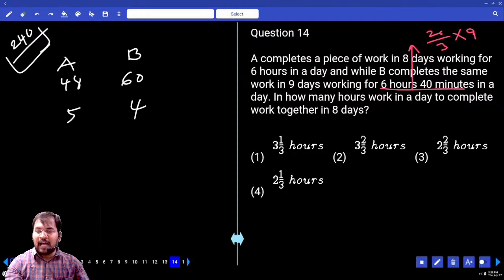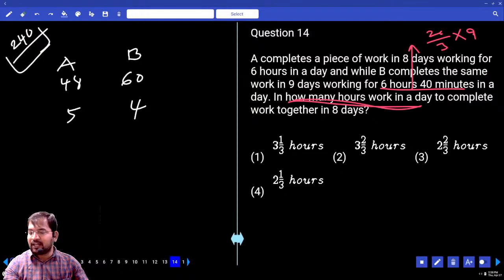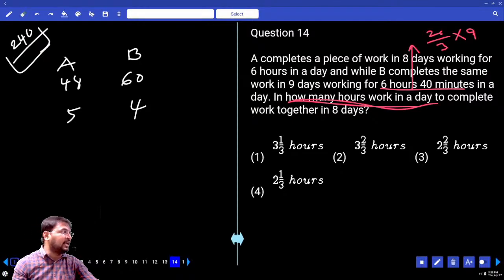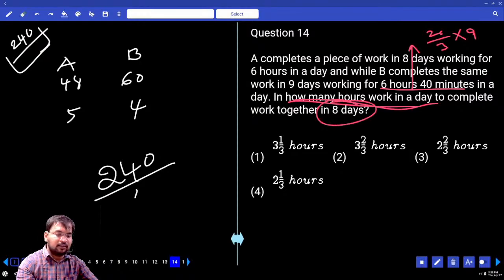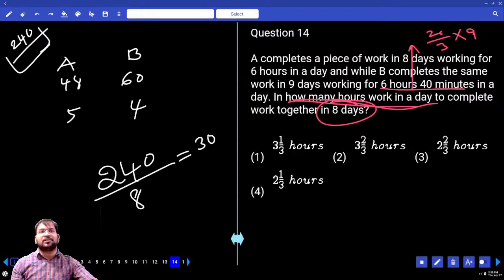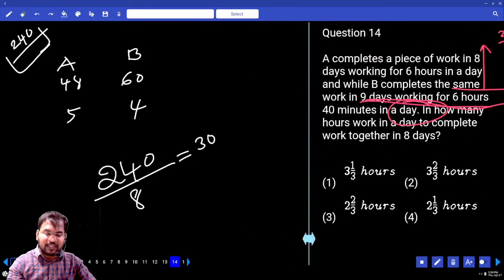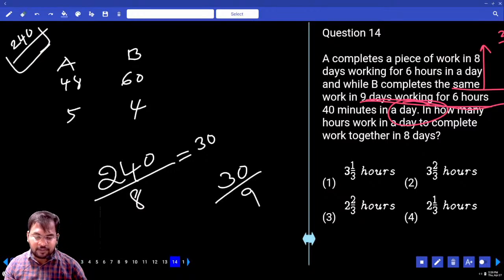Now, in how many hours of work in a day do they complete the work together in 8 days? See here, total work is 240. They are working 8 days, and per day work is 30. In 1 hour they together do 9 units.